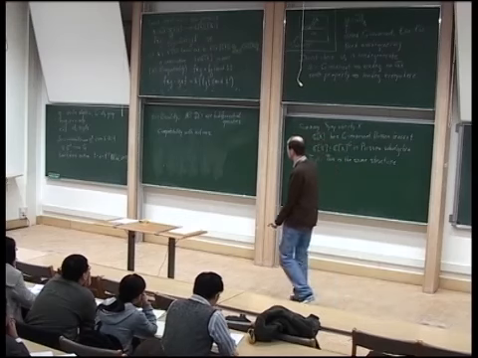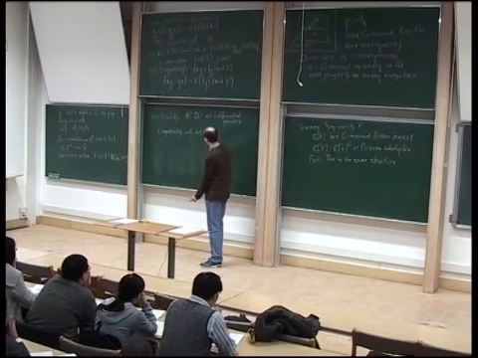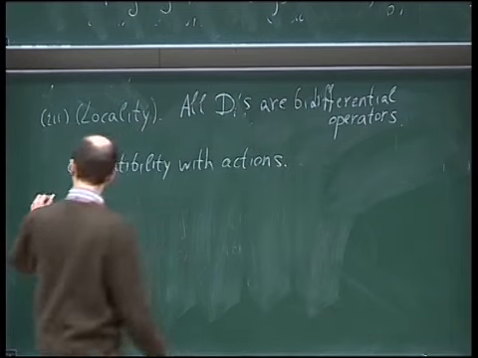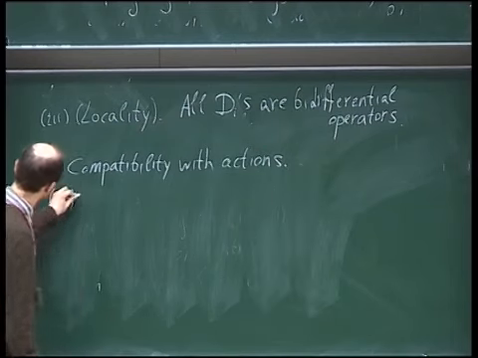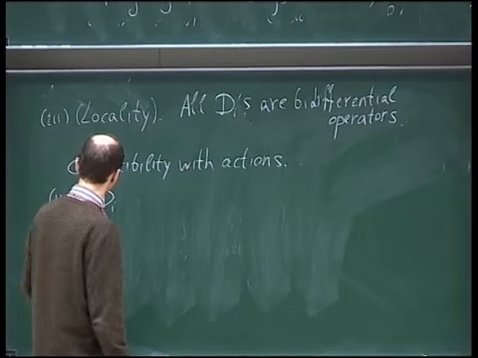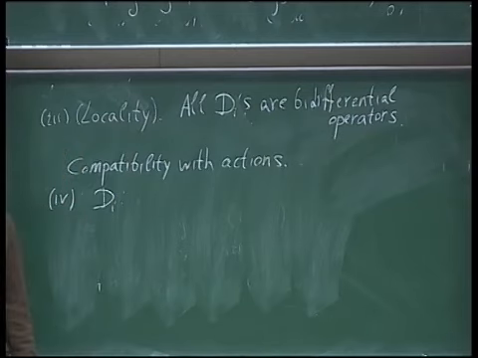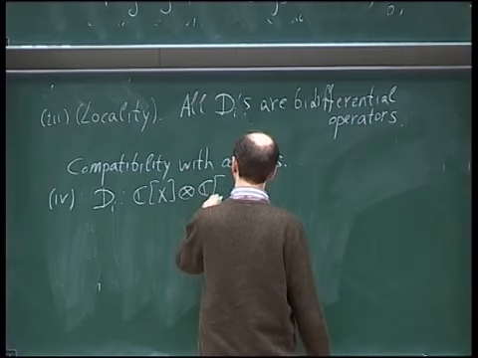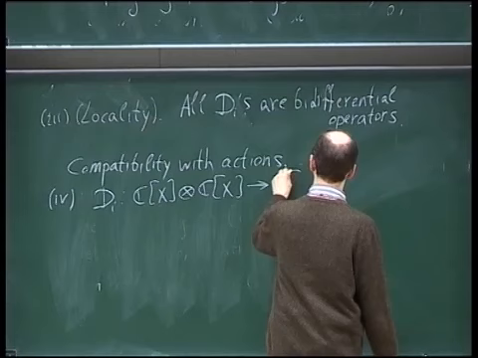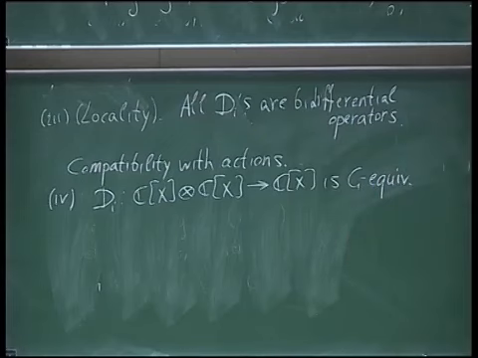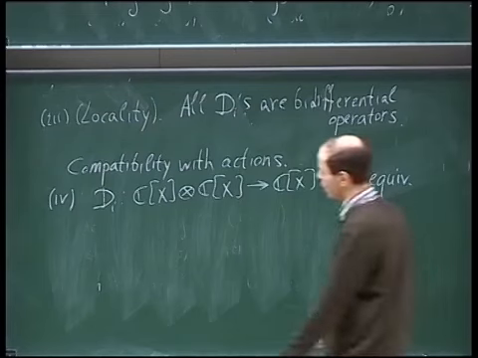Okay. Now compatibility with actions means the following. First of all, all DIs are supposed to be equivariant maps. So it's a map from C[X] times C[X] that is G equivariant. That's compatibility with the G action.